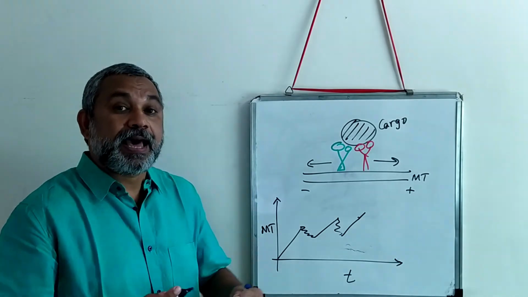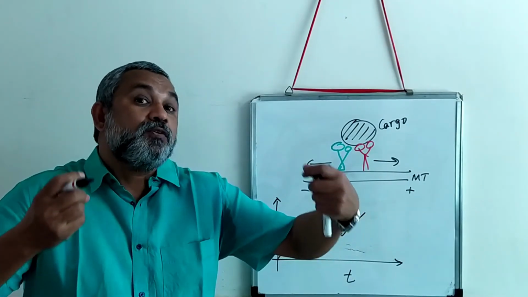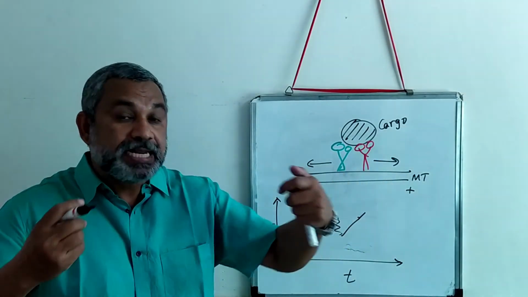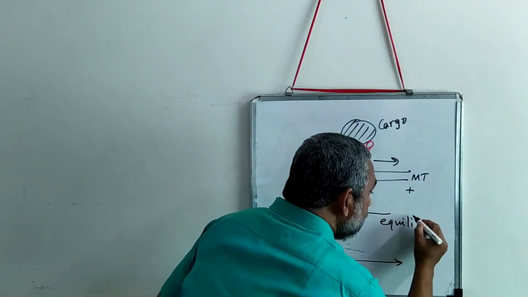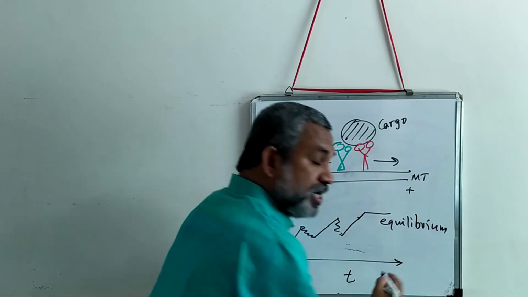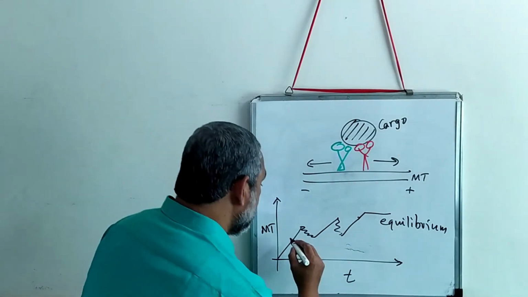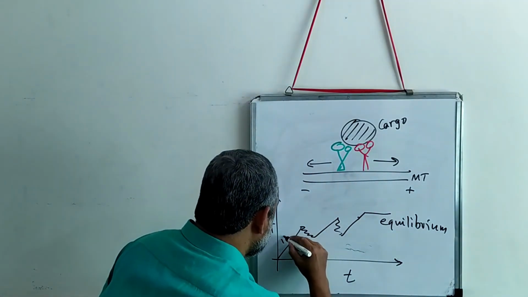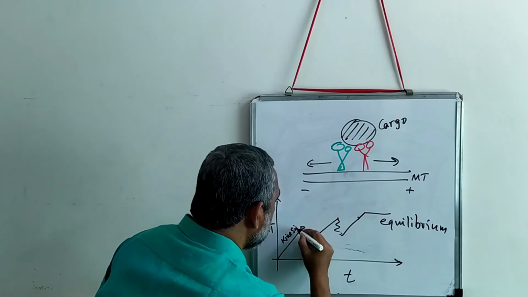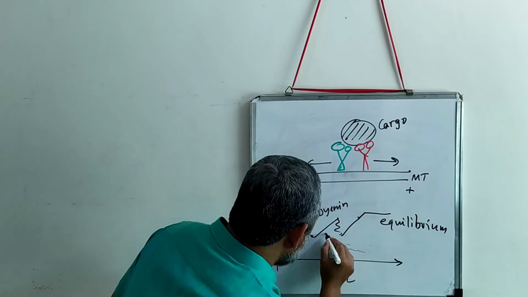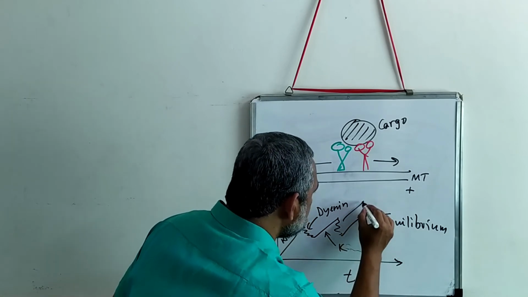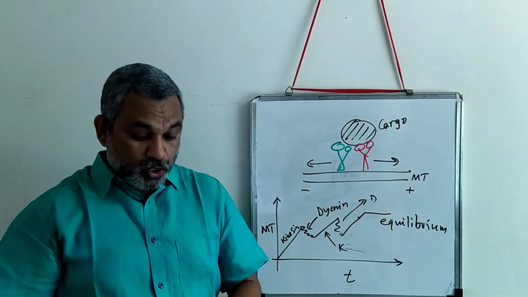There is a possibility that if the force exerted by kinesin and dynein is equal, this can be an equilibrium region where the force is equal. So this is by kinesin, this is by dynein, and so on.